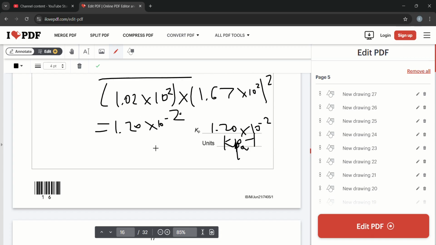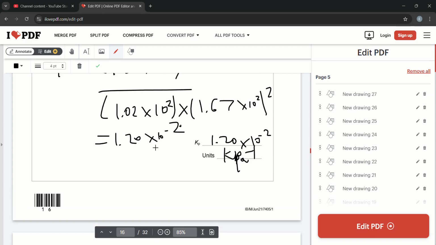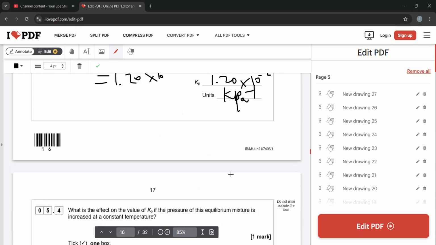So we've got Kp as 1.20 times 10 to the power minus 2, and the unit is kPa to the power minus 1.